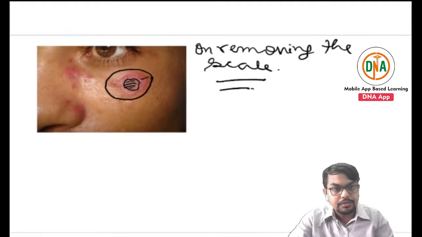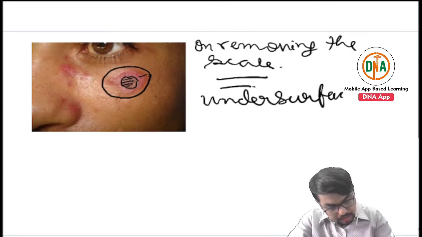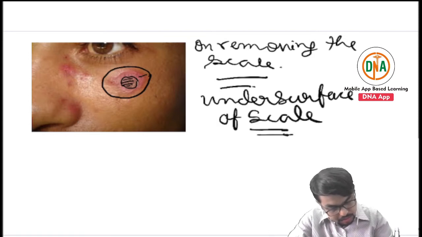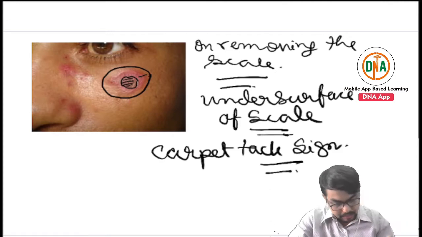On the undersurface of the scale, due mainly to the follicular plugging, we see the carpet tack sign.